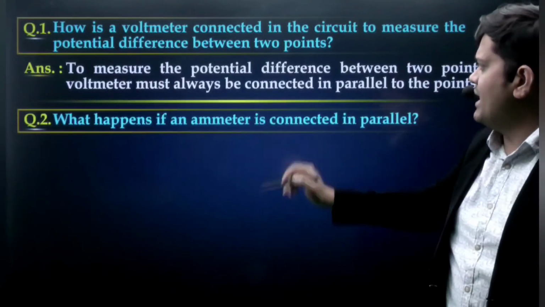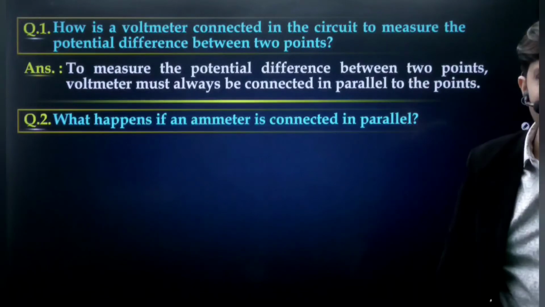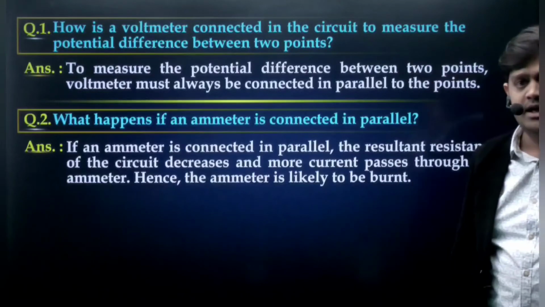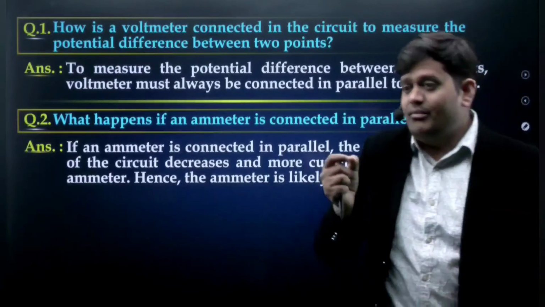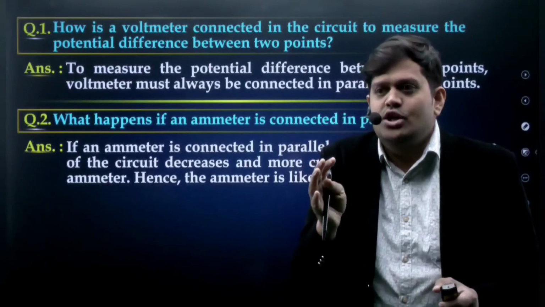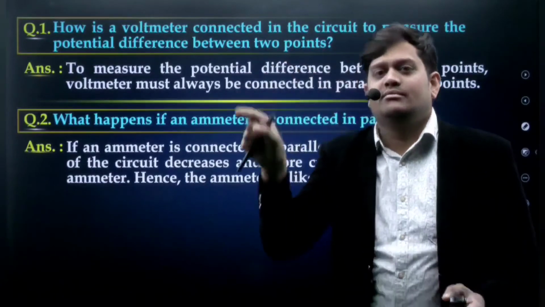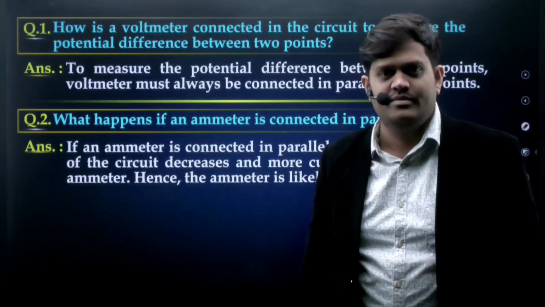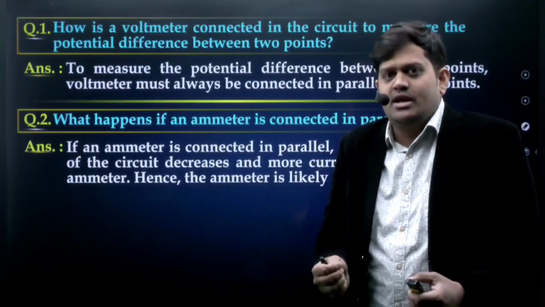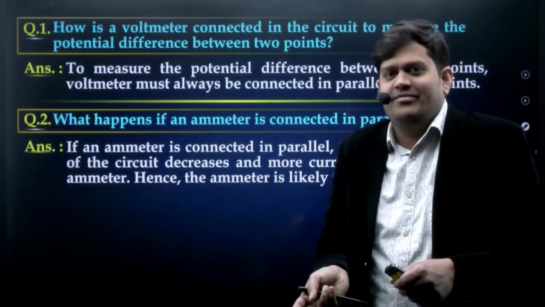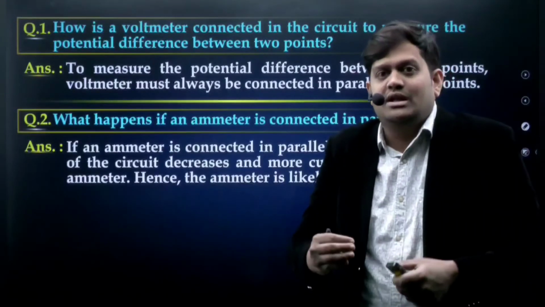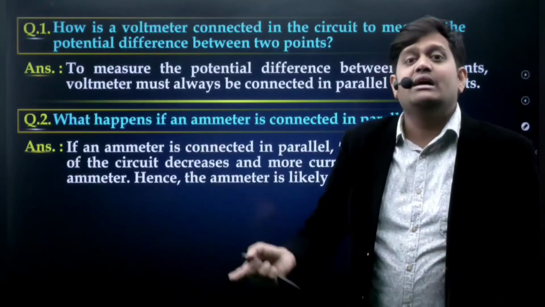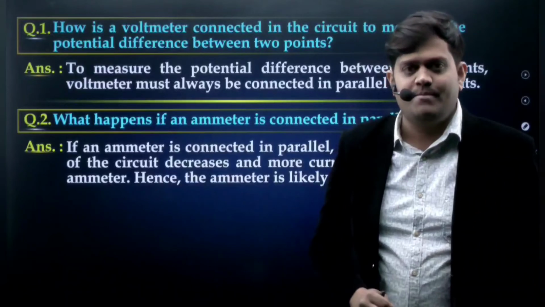The second question is, what happens if an ammeter is connected in parallel? As we know that ammeter has a low resistance, so complete current is flowing through the ammeter, and the ammeter becomes burned, damaged, because it has a low resistance. If there are two ways, current chooses the way with negligible resistance, and in the ammeter there is a negligible resistance.